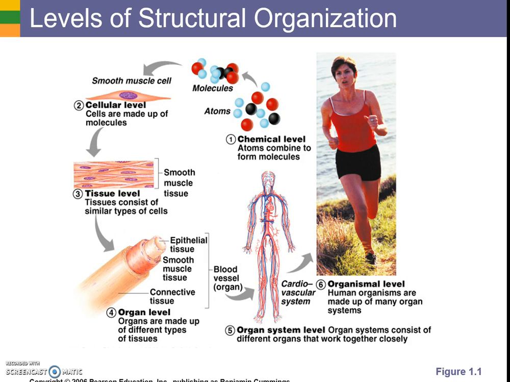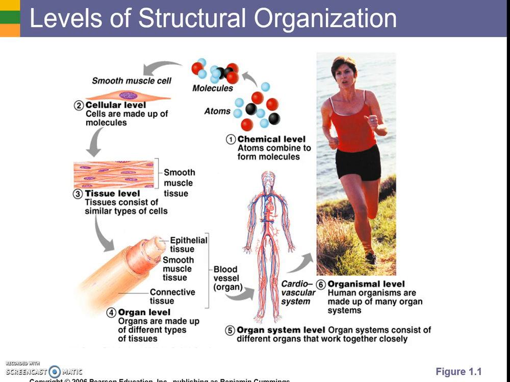What are the organ systems made up of? Well, they're made up of the organs, and then what are organs made up of? They're made up of the tissues and so forth. So this is super important because when we're talking about something, we want to know where we're at in our levels of organization. So I'll be emphasizing this a lot, almost on everything that we do, so we need to really understand it now.